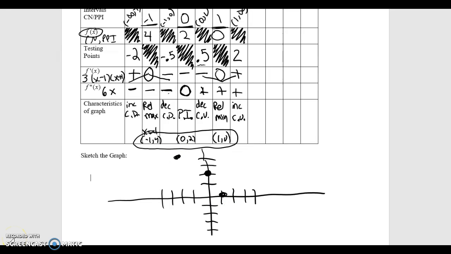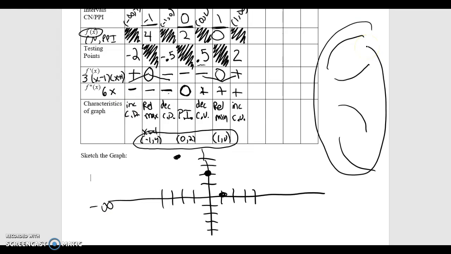Finally, we're going to draw the pieces of our graph. From -infinity, you're going to graph pieces of curve like this. For the first portion, -infinity until -1, this point should have been here, by the way, you're going to draw a piece of graph that is increasing in a concave down shape. So you want to be going up in a sad face. You're going to continue sad face, but now we're decreasing from -1 to 0.